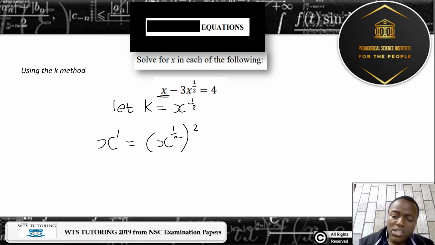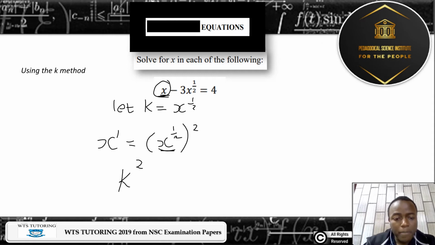If you say x exponent 1 over 2 to the exponent 2, the 1 over 2 times 2 will cancel out, and it will still remain x exponent 1. So when there is x, we replace it by K squared, because K is x exponent 1 over 2, and its square is the same as x exponent 1.